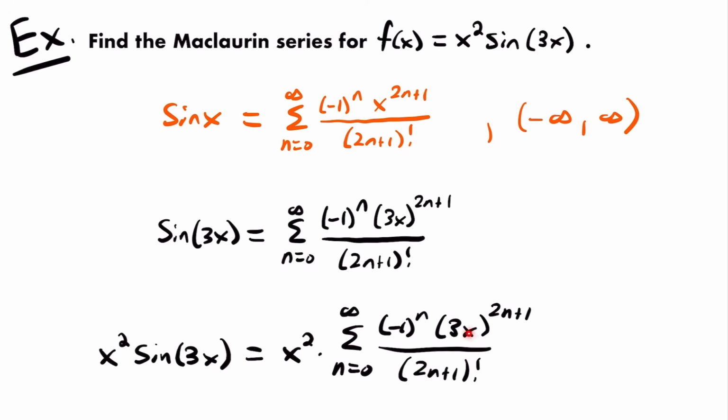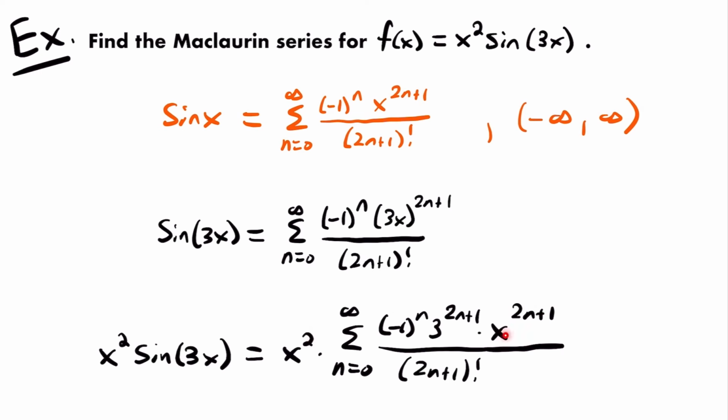All right, so 3x to the power of 2n plus 1, we can rewrite that to be the following. We could have 3 to the power of 2n plus 1 times x to the power of 2n plus 1. All right, and now we have x to the power of 2n plus 1, and we're multiplying this series by x squared, so we can multiply that into the numerator and combine those exponents by adding them.